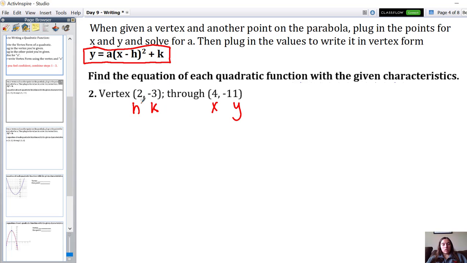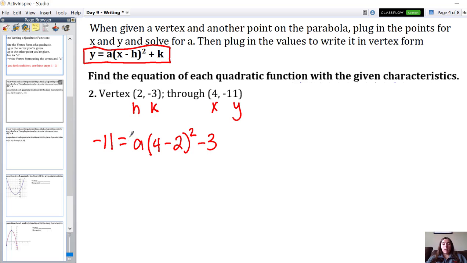That's what we're going to be solving for at the beginning. So I'm going to substitute h, k, x, and y in this equation, and I'm going to keep my a. So my y value is -11, so I'm starting with -11 equals a times (my x value is 4 minus my h value, which is 2) squared, plus k, which is -3.